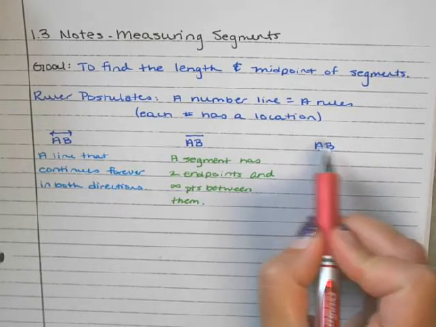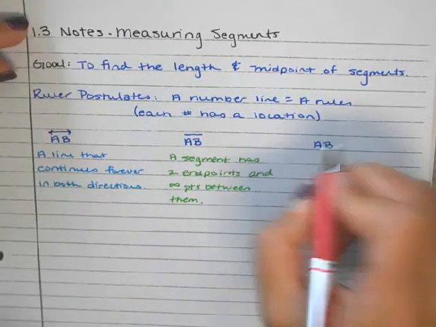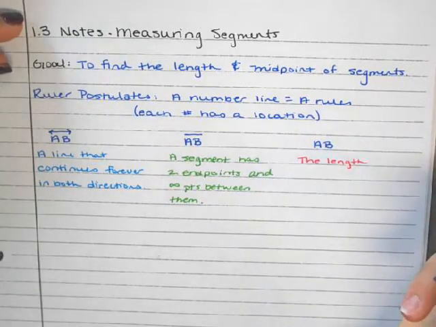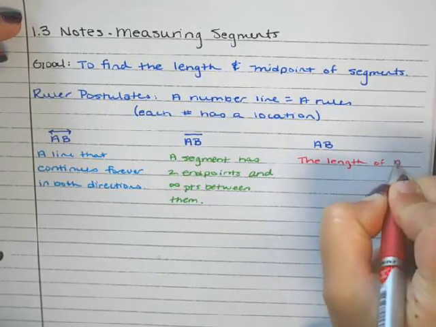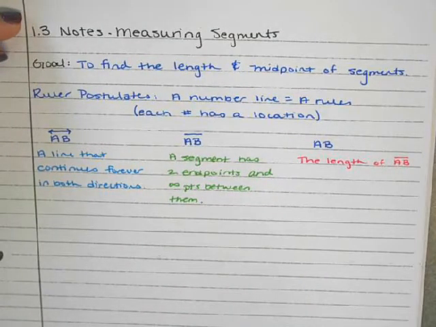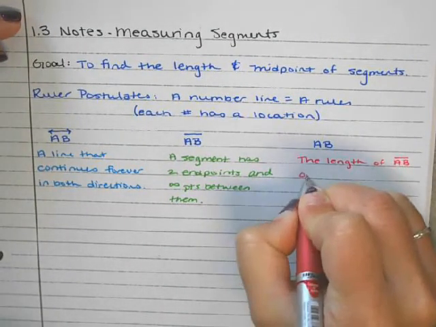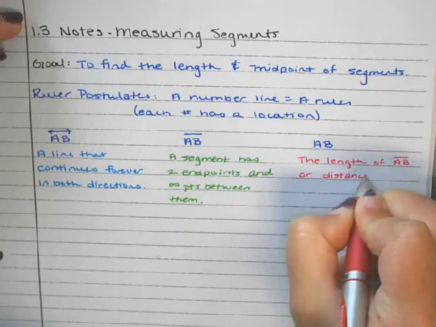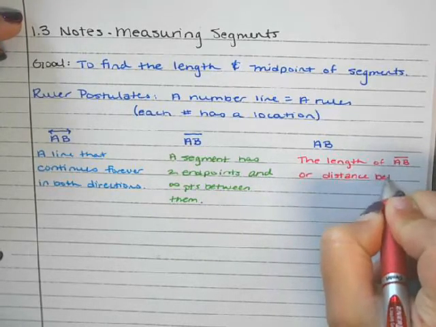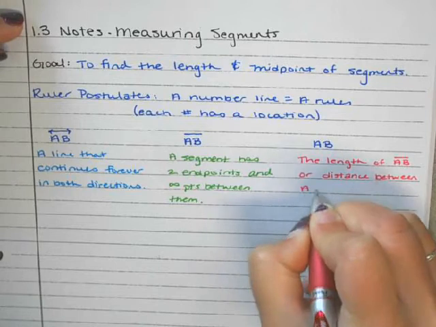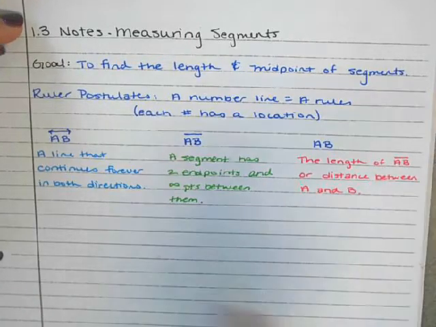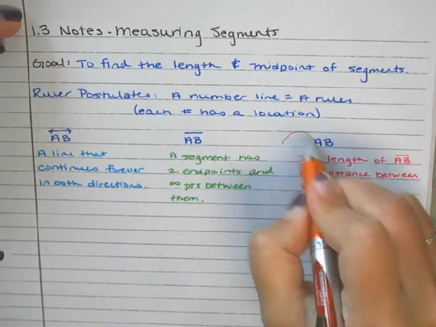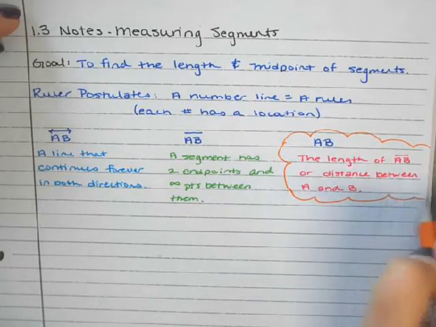If it doesn't have anything over top of it, this is actually representing the length of segment AB, or you can think about it as the distance between A and B. So this is the new one that we're going to talk about today.